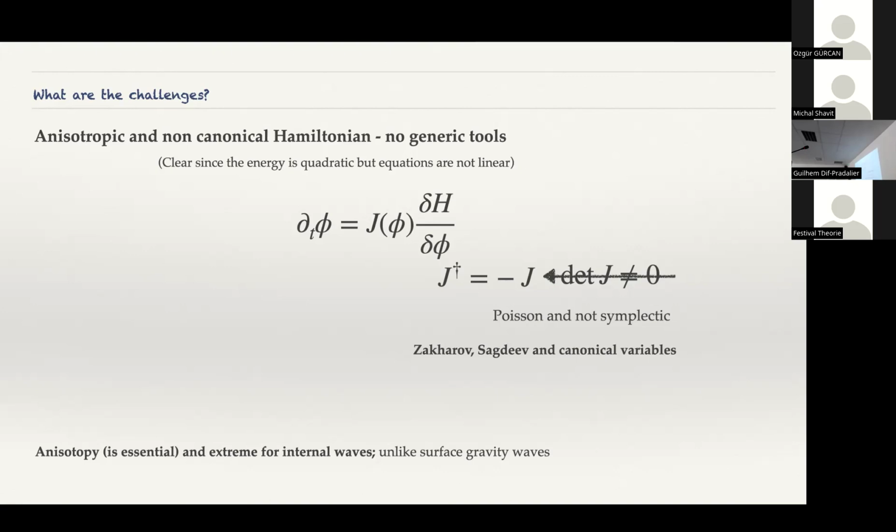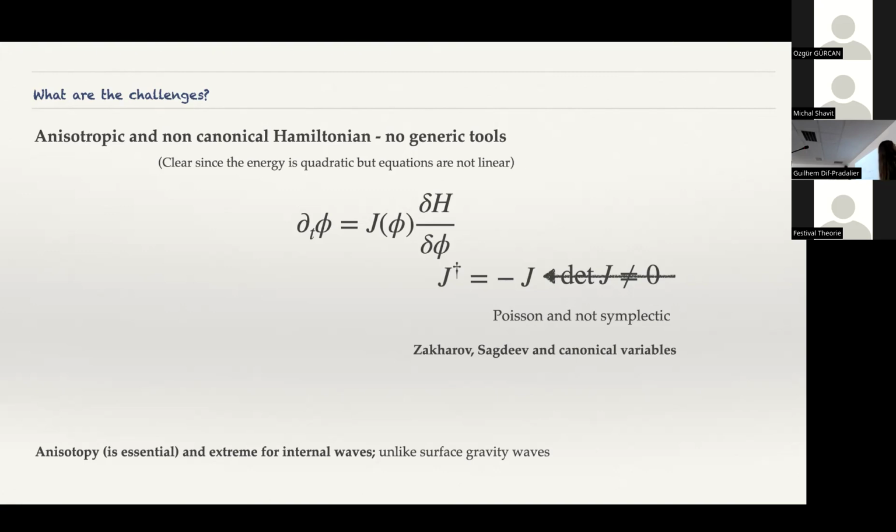which are called Casimirs, and this is, for example, helicity or entropy in the case of 2D Euler, and this is in the case of 3D Euler. And also in the case of Rossby waves.